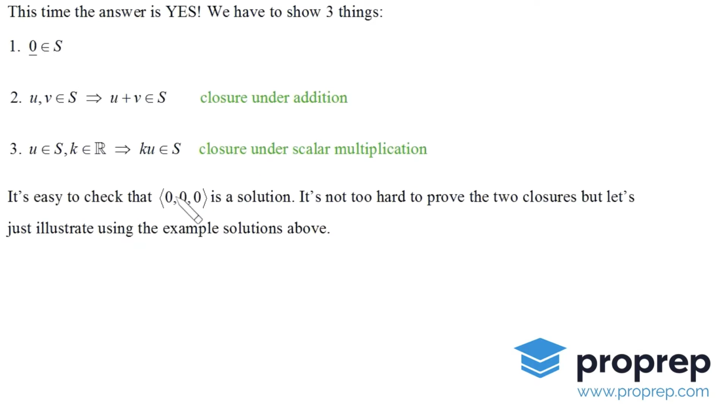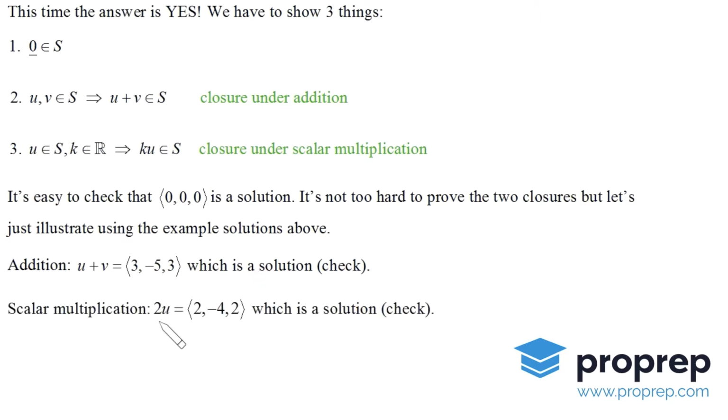As for the first one, the 0 vector is just 0, 0, 0. Just plug it in, see it is a solution. And I'm not going to prove these two. Let's just illustrate it with our particular u and v. Okay, u and v have just disappeared off screen, but yeah, check the sum. You'll see that this is it. Plug it into the original system, and you'll see that this is a solution.